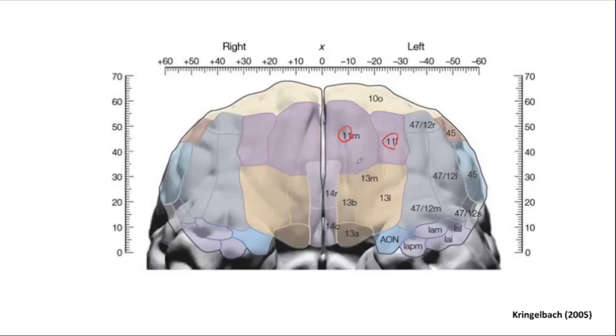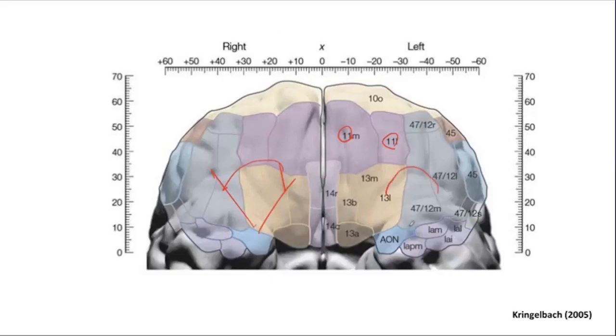As you can see here, we are looking at the brain from bottom to up, and we are looking at this area that we call the orbitofrontal cortex, because we have orbits here. So we basically have eyes here, and we are looking from down to top, and this is the orbitofrontal cortex.